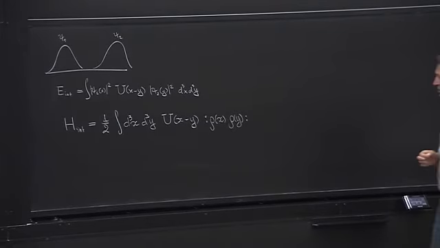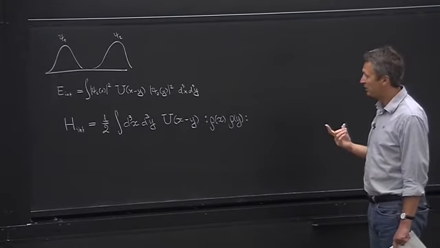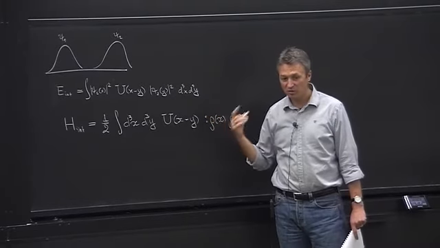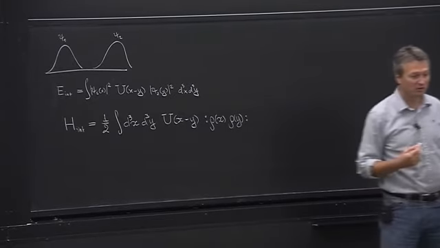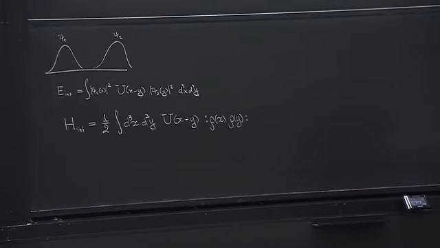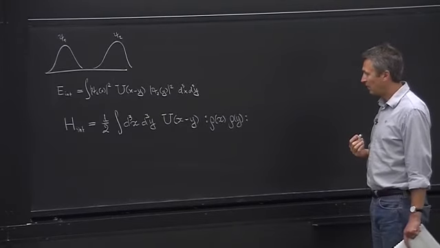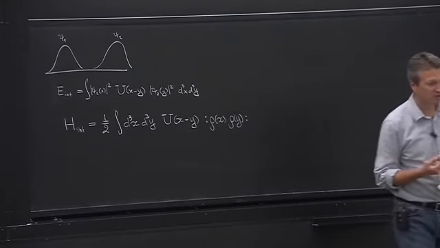The second difference is more subtle, and it has to do with the fact that we promoted wave functions to operators which do not commute, right? So they satisfy non-trivial commutation or anti-commutation relations. And so the answer in principle will depend on how you order these operators.